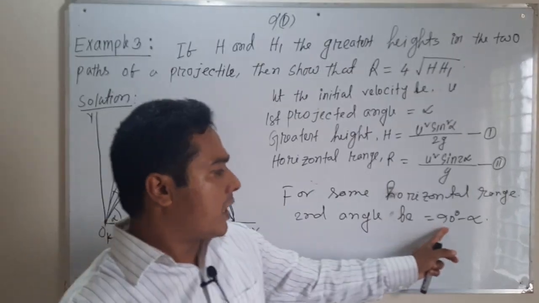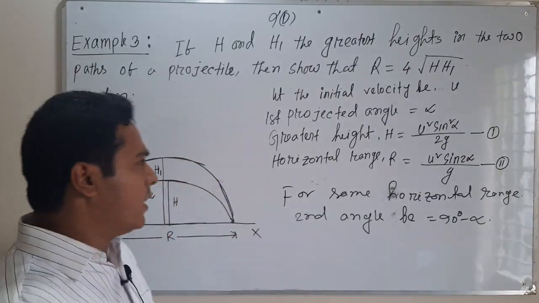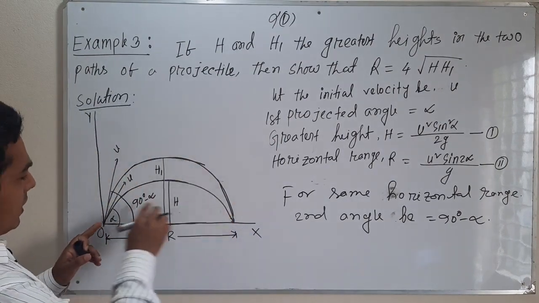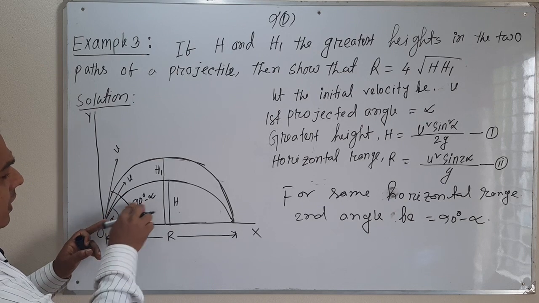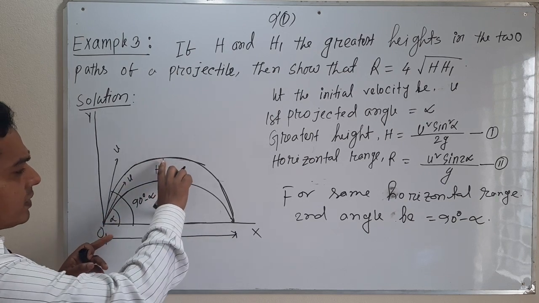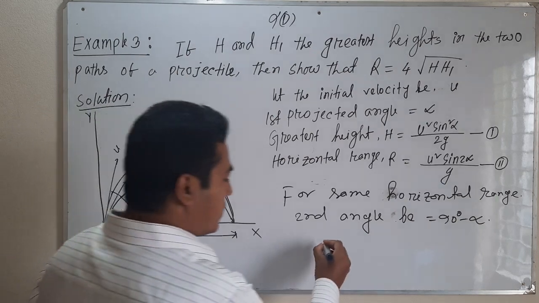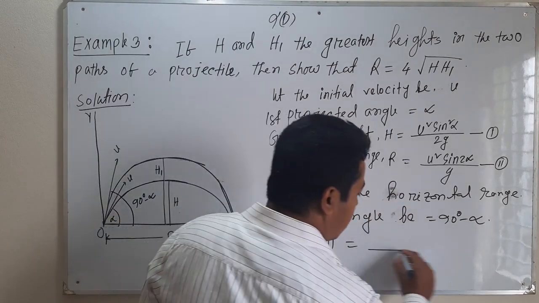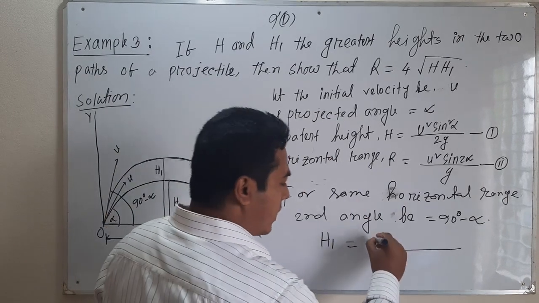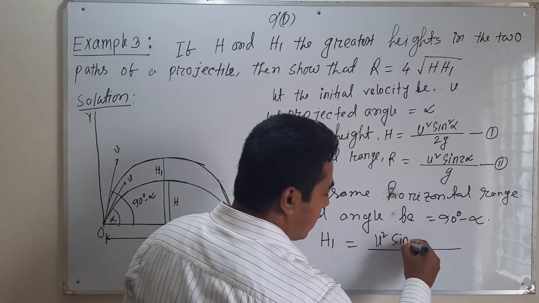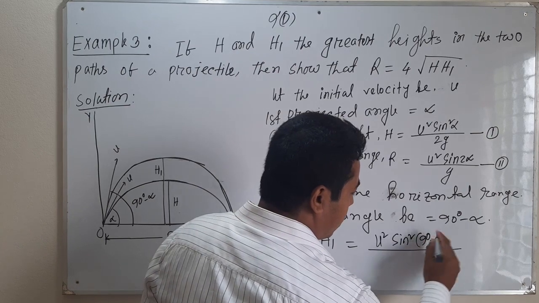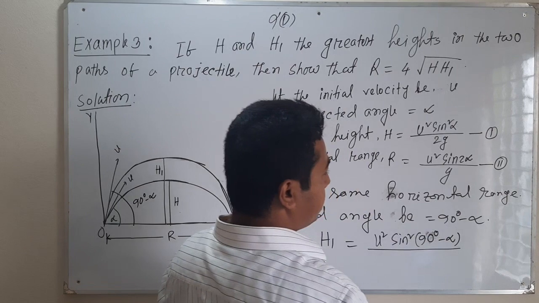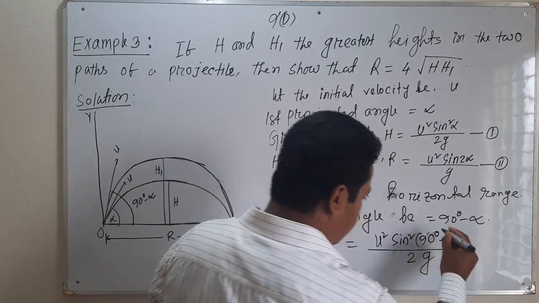For the greatest height of this path, the projected angle is 90 degree minus alpha, and the greatest height is h1. So h1 is equal to u square sin square (90 degree minus alpha) divided by 2g, as the initial velocity is the same.